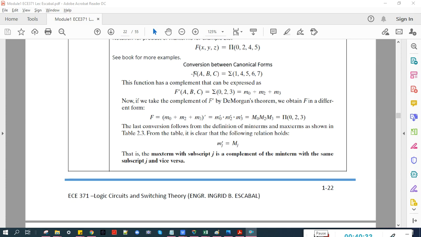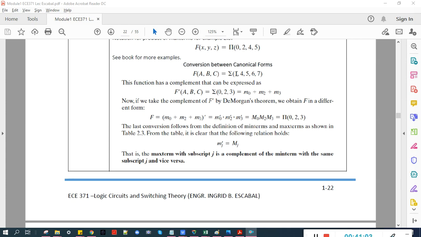So if we convert the function f, which is the sum of min terms 1, 4, 5, 6, 7, to be able to convert this into the product of max terms, we take the complement of f. We know that f prime, the complement of f, is equal to the summation of all the min terms that are not part of this.